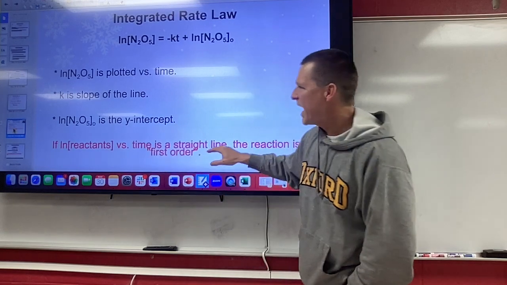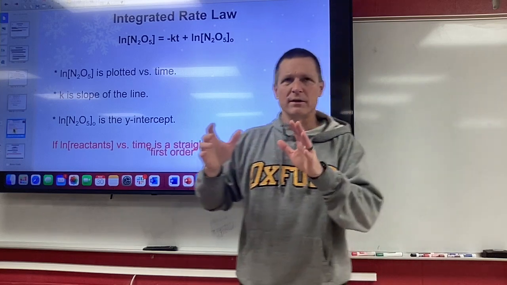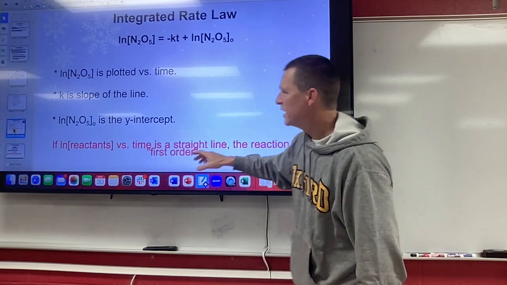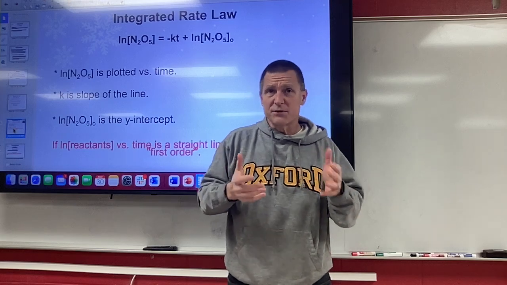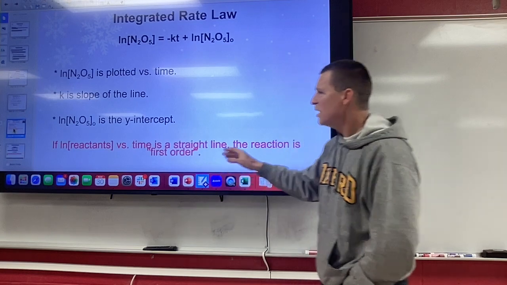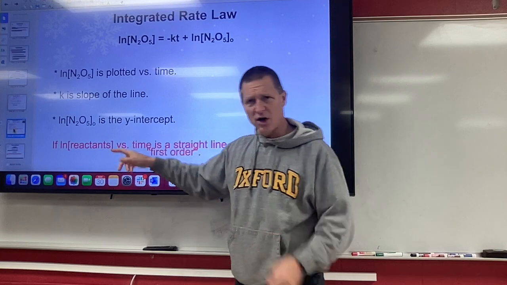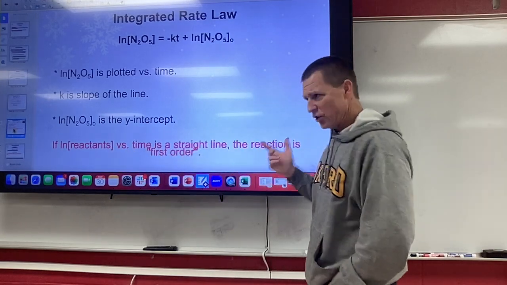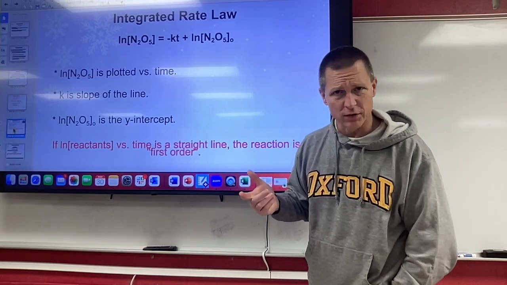So down here what I have in red, after all the gibberish that I was just going through to derive this, it really comes down to this. If you have a reaction that we determine is first order in the reactant, what that looks like is if we take the natural log of the reactant concentration and plot it versus time, you'll get a straight line, as long as it's first order.